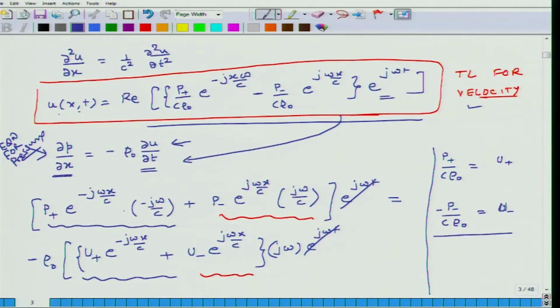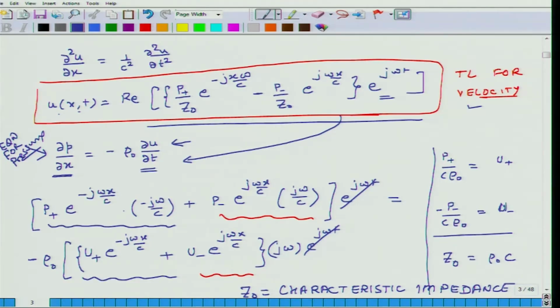Then I define an entity called Z naught, as rho naught C. So I can replace C rho naught in both equations by Z naught, or Z0, and Z naught is called the characteristic impedance.